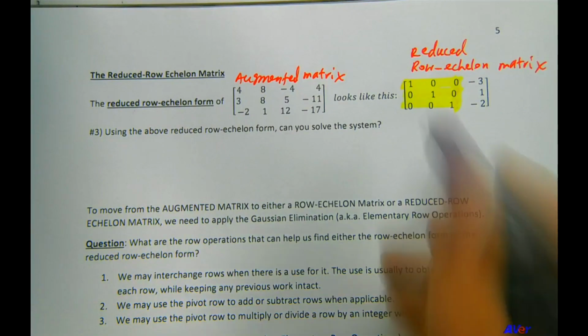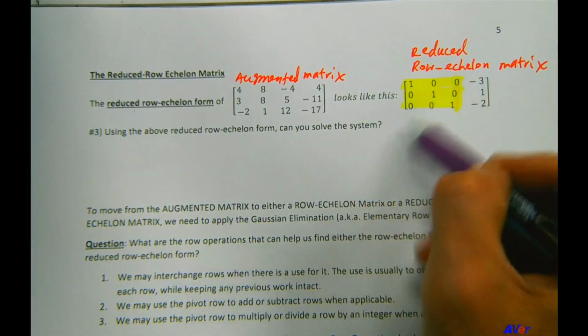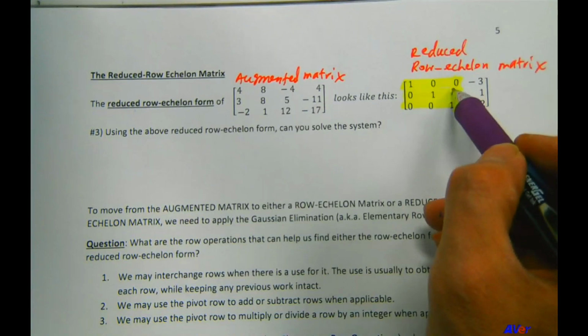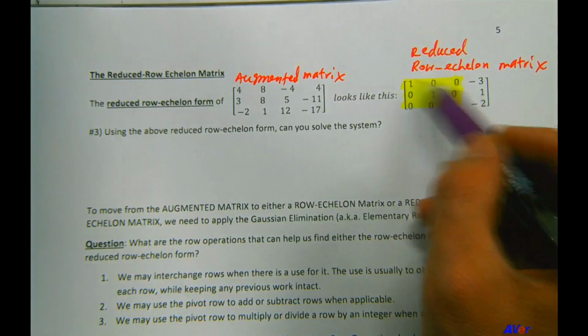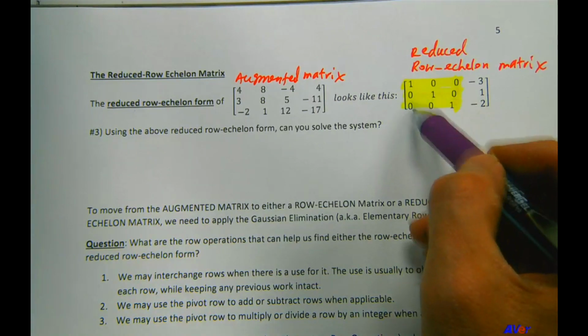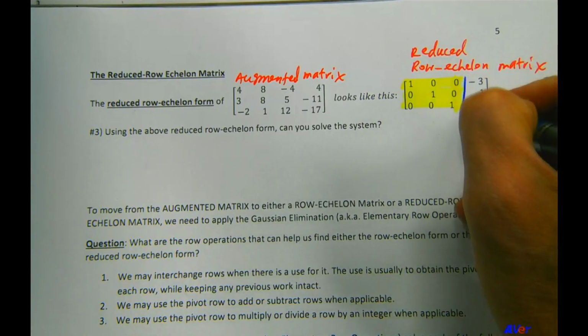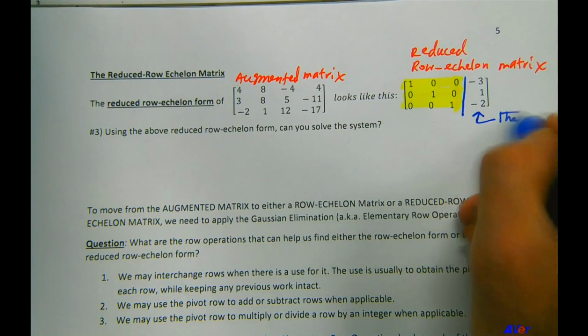Notice that the diagonals are once again 1, but below that diagonal are 0, and also above it, all the coefficients are 0. Above the diagonal or below the diagonal, all the coefficients are 0. What you have in the last column are the constants, which are now also the solutions of the system.